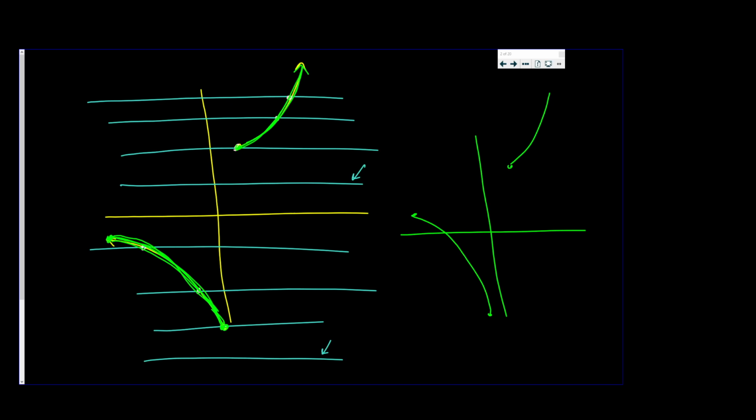All you need to do is consider the line y equal x and draw the mirror image. I would think that one goes like that, and it could be the same thing.